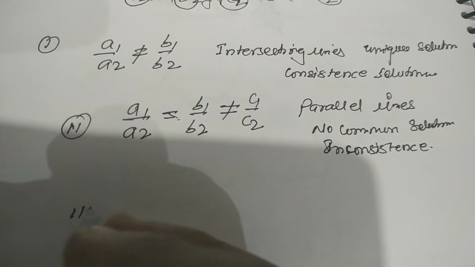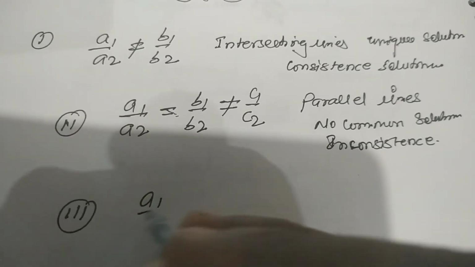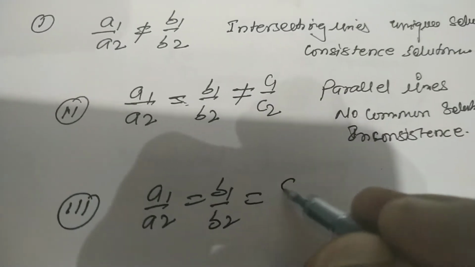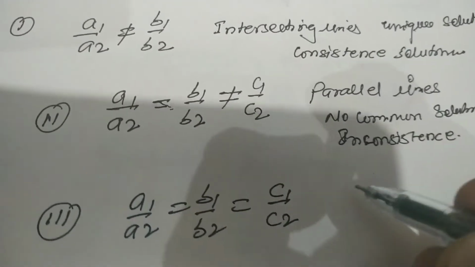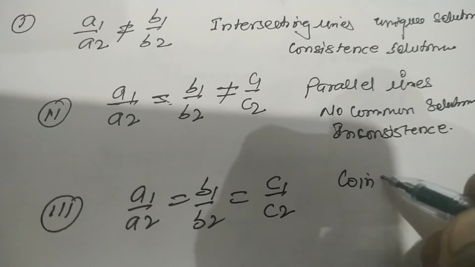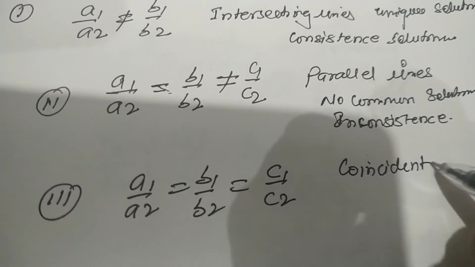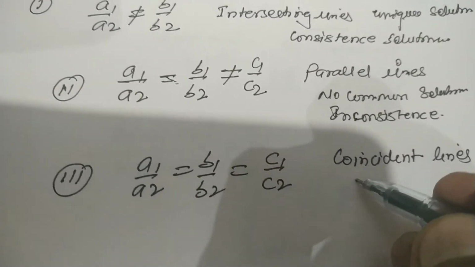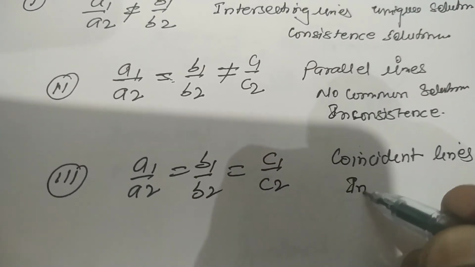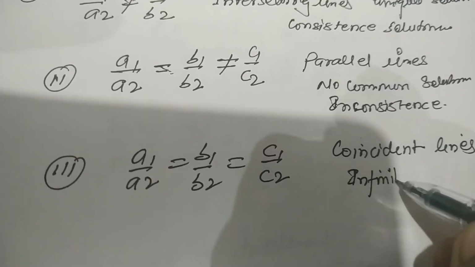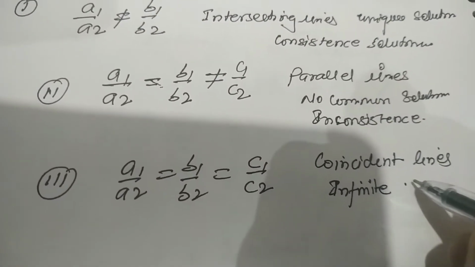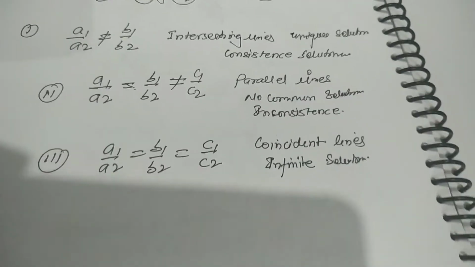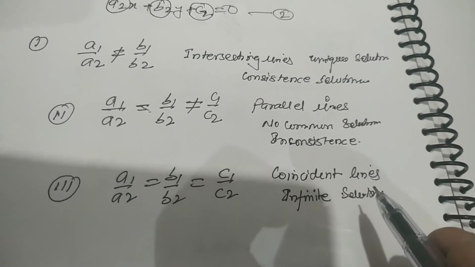Case number 3: if a1/a2 is equal to b1/b2 is equal to c1/c2, then these lines are called coincident lines. Then there are an infinite number of solutions. This is consistent, but there is no unique solution.